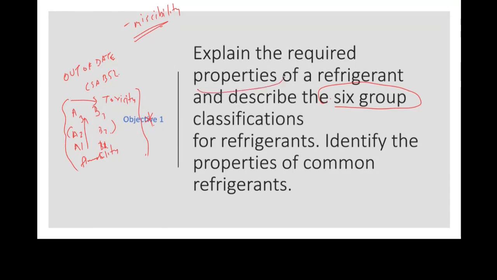Some of the other properties: we mentioned toxicity and flammability are the two that give us our safety grouping categorization according to CSA. But other properties include things like operating pressures, net refrigerating effect at standard conditions.